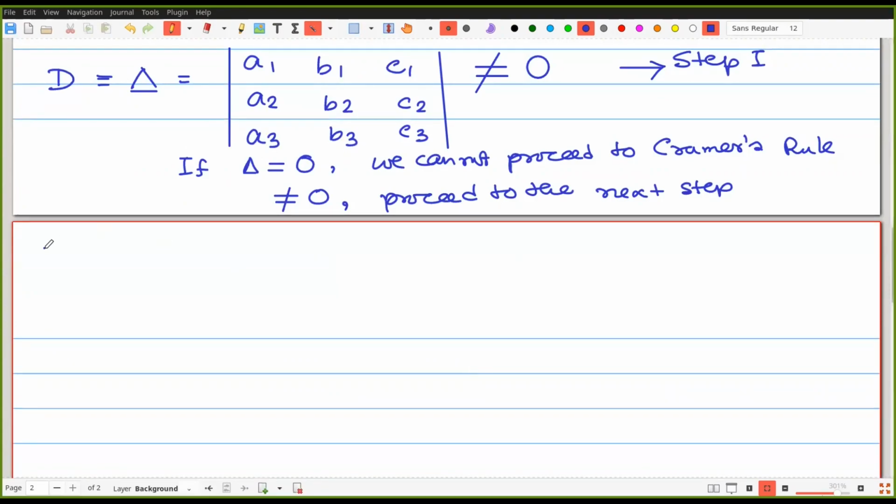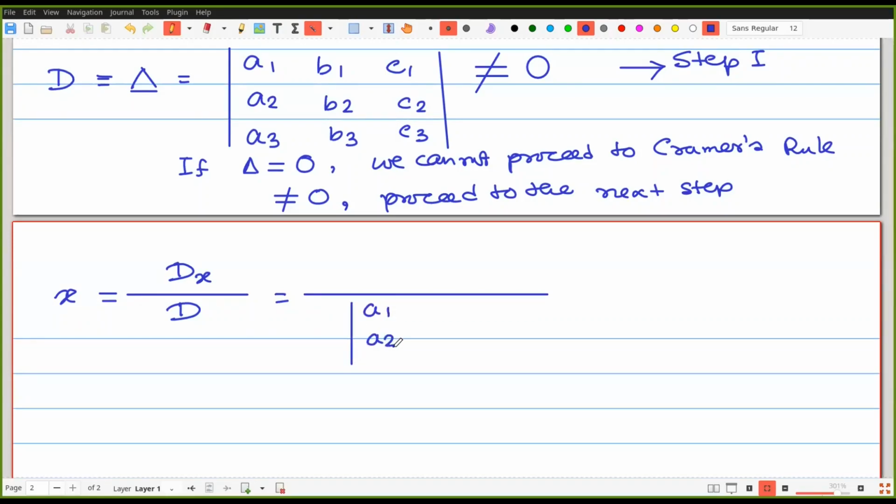Now, what are the variables? The first variable is x, and we write it as dx divided by d. Just for the first time, I am writing the value of d here, like a1, a2, a3, b1, b2, b3, c1, c2, c3. For the next time, I am not writing it. Now, what is happening with dx?